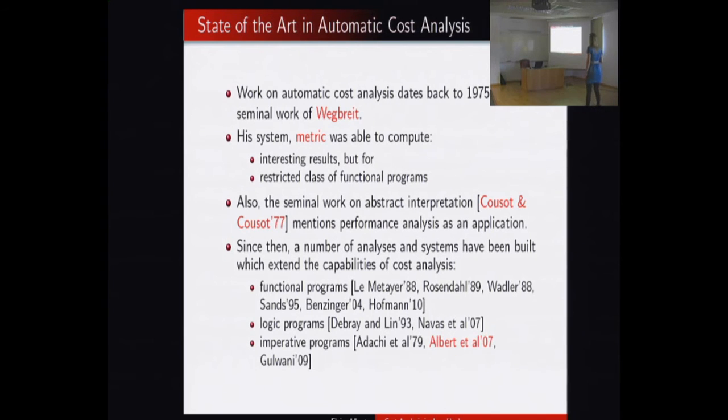It is also continued currently by Hoffmann and his group. In logic programs there has also been activity since then. And in the context of imperative programs, there is some early work in the 70s, and then the topic was not much studied, and we revived it somehow in 2007 with our first work on cost analysis of Java programs. And also currently in the group of Sumit Gulwani, there is a lot of activity going on.